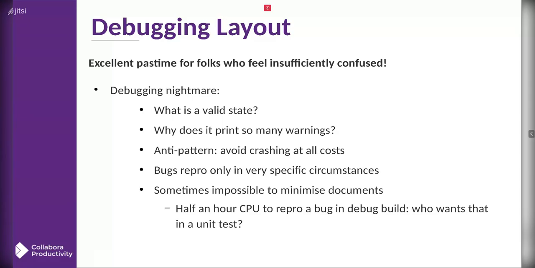There are lots of member variables everywhere, and you don't really know what is a valid state and what's an invalid state. And you really want to know when does it go from the valid state to the invalid state, at which point. So yeah, that's difficult.